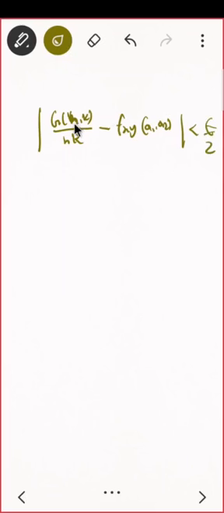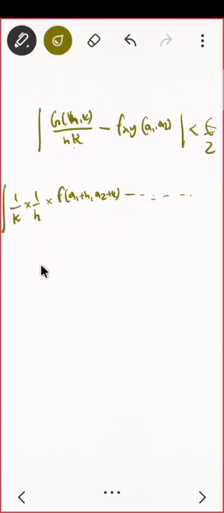Now try to find g of (h, k) by hk. Put it in the formula, and you will have 1 upon h into 1 upon k into f of (E1 + h, E2 + k) minus and so on. Do you see the formula of the mixed partial derivative? And now next thing you have to take the limit, that's it.